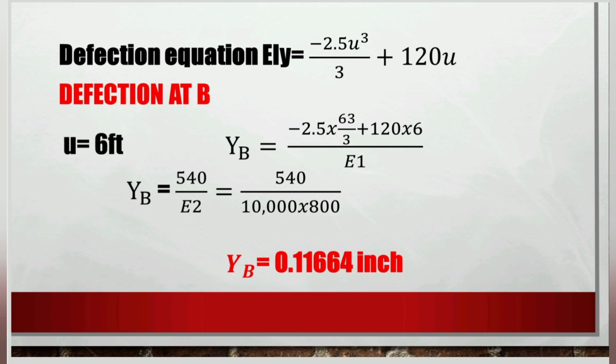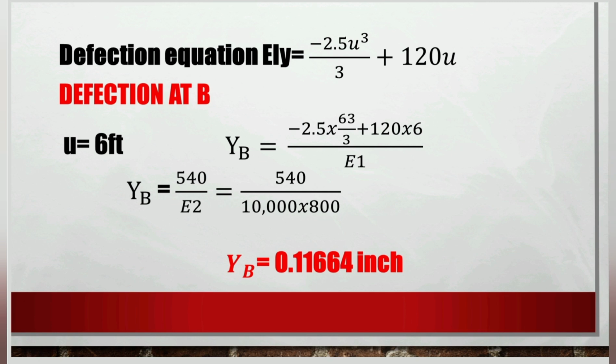Deflection at B, x is equal to 6 feet. yB equal negative 2.5 times 6 cubed over 3 plus 120 times 6, over EI. yB is equal to 540 over EI, equal 540 over 10,000 times 800.